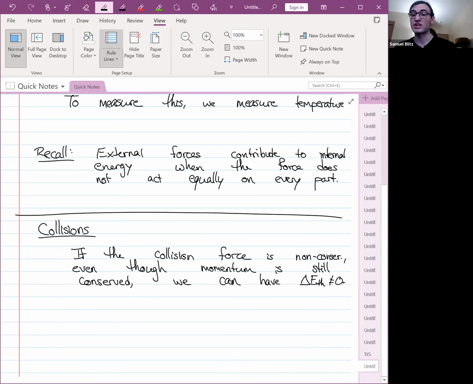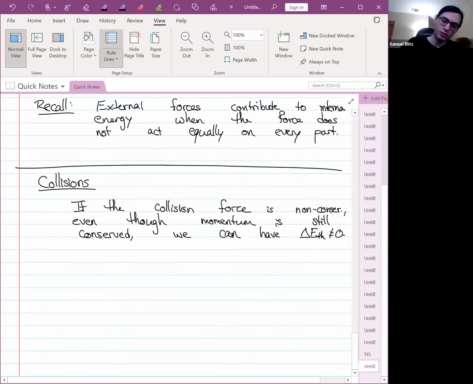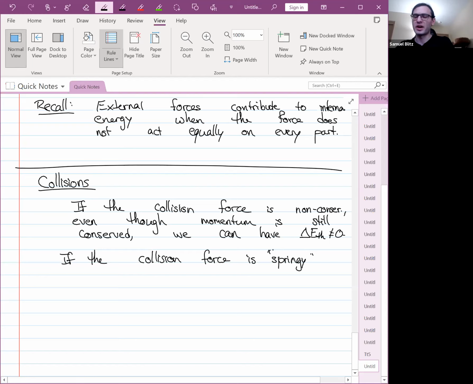If the collision force is springy, and I say springy in a very vague sense, meaning conservative, like, for example, two blocks coming in and bouncing off a spring, that would be an example of a conservative collision, because the only forces present during that interaction are conservative forces.